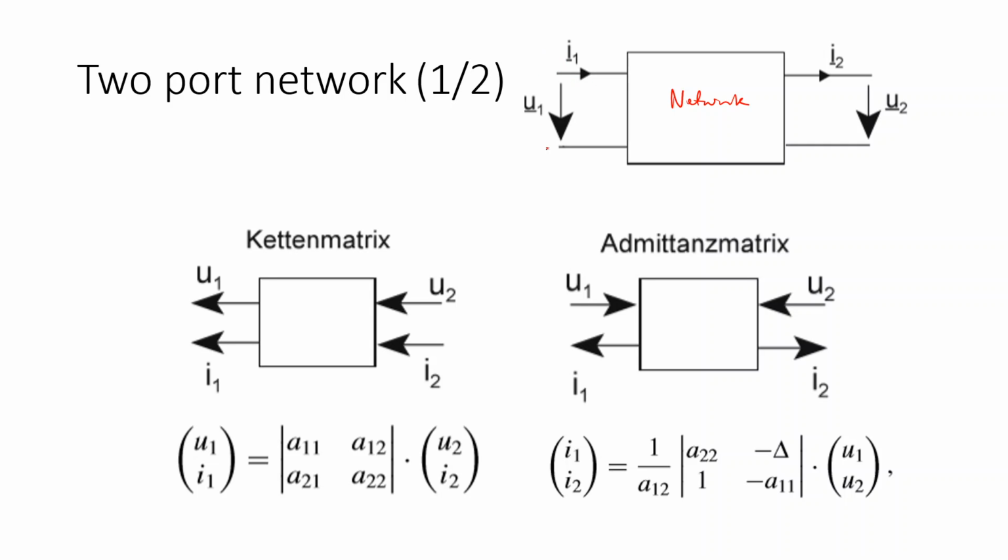One end we will put as the sending end, or this is the source, and the other end would be the receiving end, or this could be the load. On those two ends we are interested in both the voltage and current. So these are the variables that are of our interest.